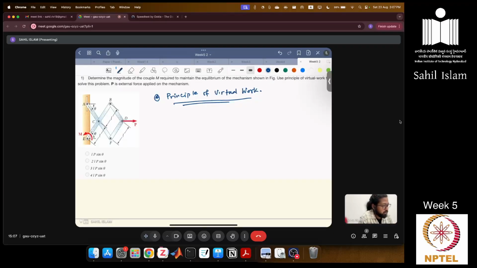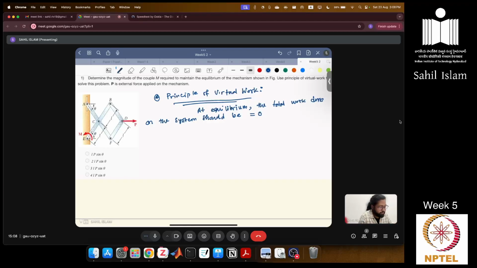So what is the principle of virtual work? The principle of virtual work is that at equilibrium the total work done on the system would be equal to 0.